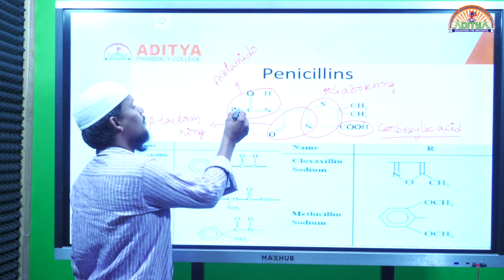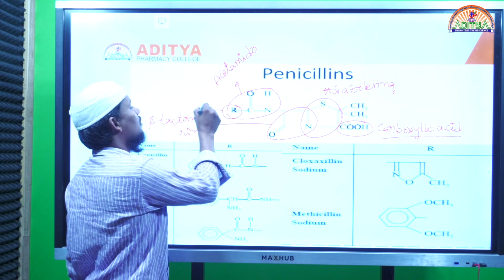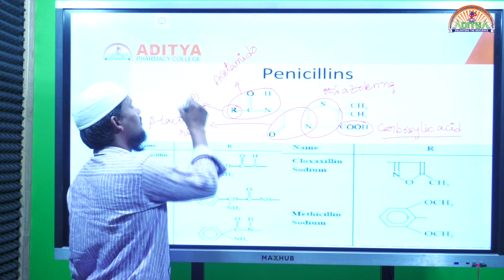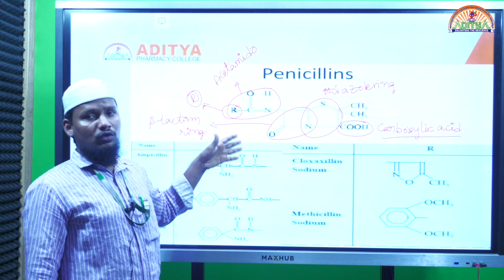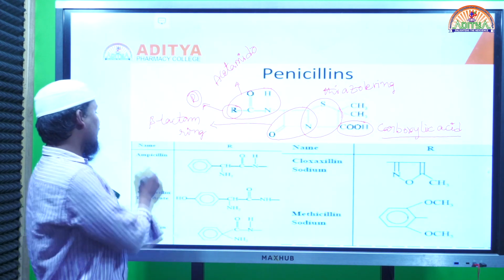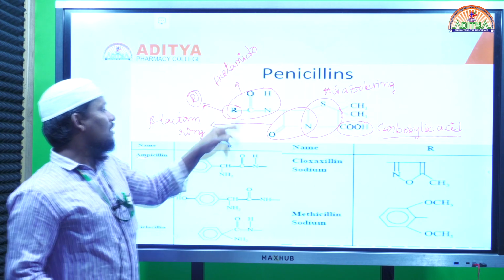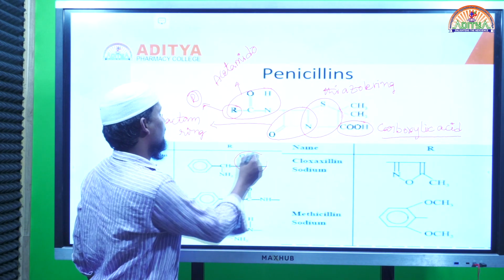In the acetyl group, one of the side groups is called R. In the place of R you can add any of the functional groups or other molecules.